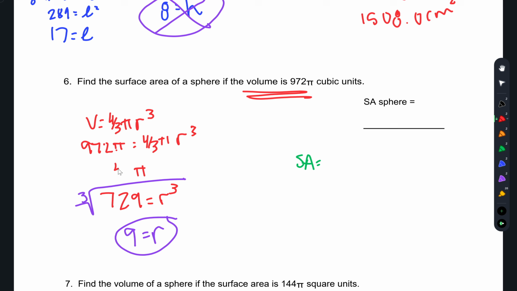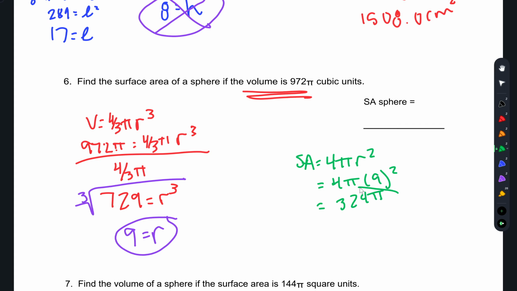I think I was just writing too fast, but otherwise the work should be good. Surface area, this is 4 pi r squared. Surface area then is 4 times pi times that radius, 9 squared. We get 324 pi for that surface area, and that is in units squared.